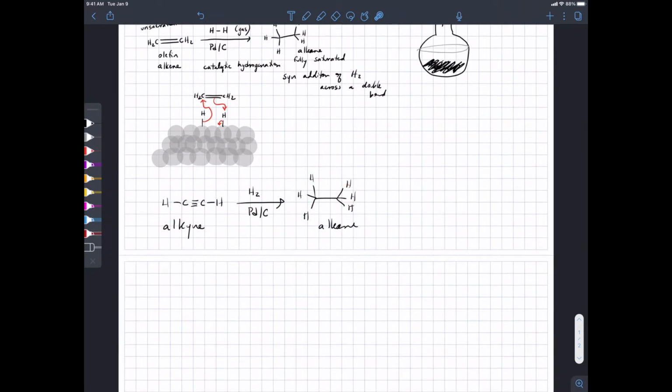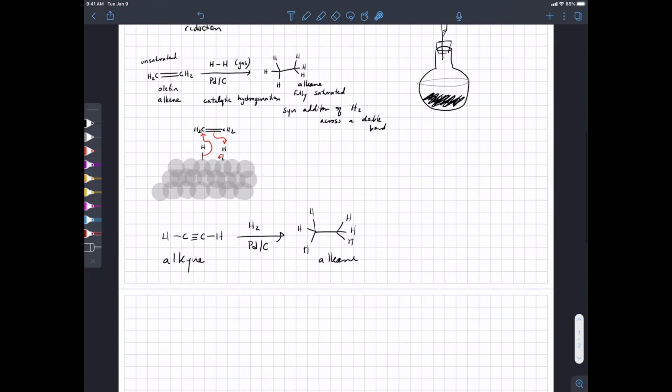Some have asked, what if you just added one equivalent of hydrogen per mole of your alkyne? Could you stop at the alkene? The answer is, first, maybe, but you can't measure out one equivalent of hydrogen very easily. And the second answer is the palladium catalyst is reactive enough that once you form the alkene, it's going to reduce it right away.